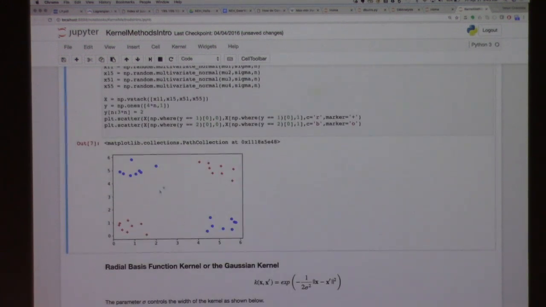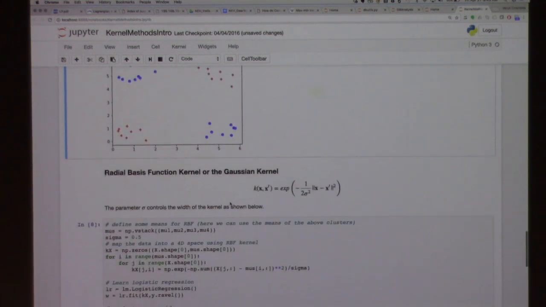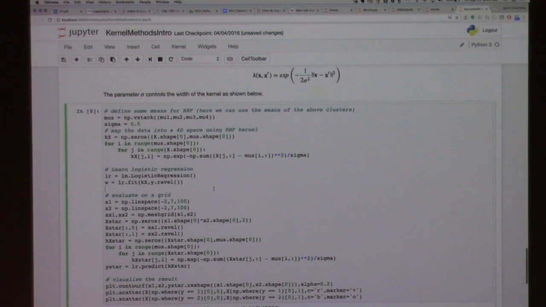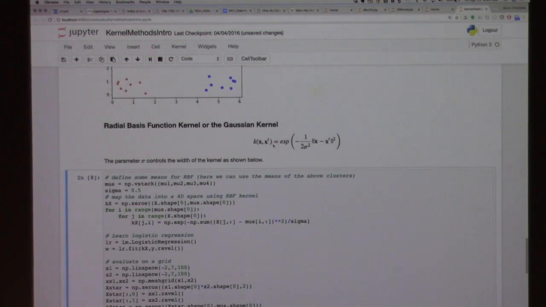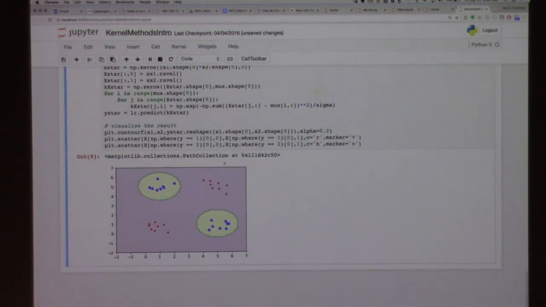So for example, let's say our data is like this, right? We have red points and blue points, no way to draw a line. But if I now apply my radial basis function kernel, which means I plot data into a new space, and then I draw the lines and bring it back, they actually look like circles. So that is the point.